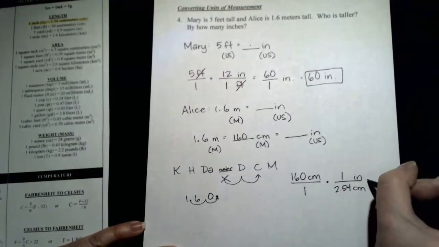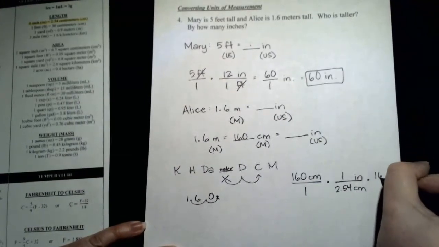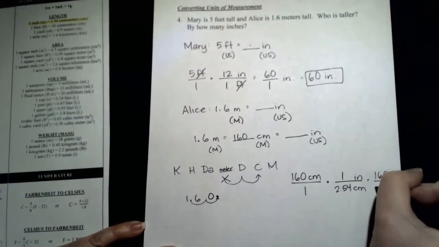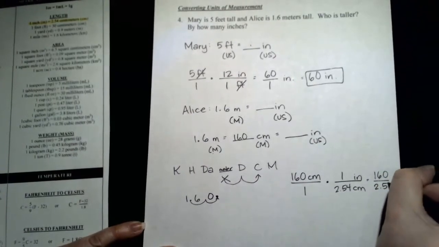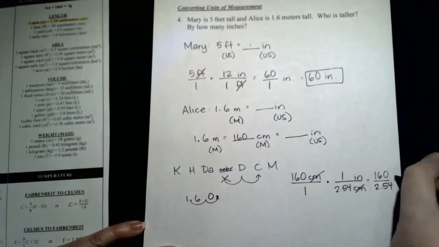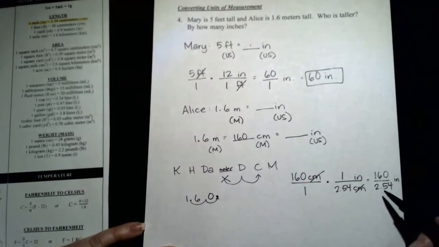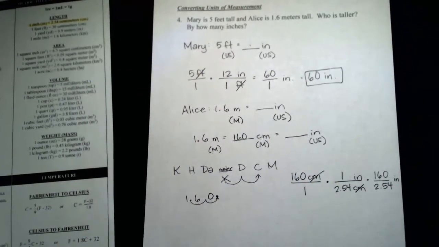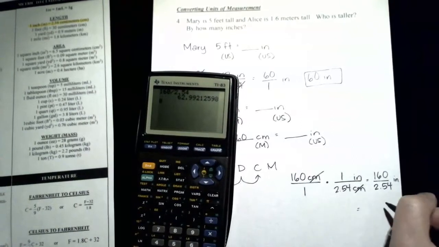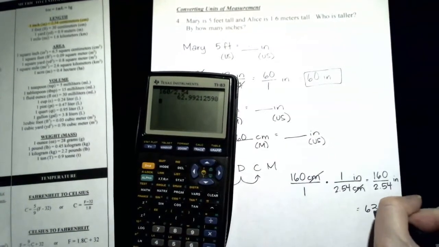160 times 1 is 160. 1 times 2.54 is 2.54. The centimeters cancel. Inches is the new unit. And I'm looking at a fraction, which I'm going to divide. I got about 62.99. So I'm going to round that off and make it 63.